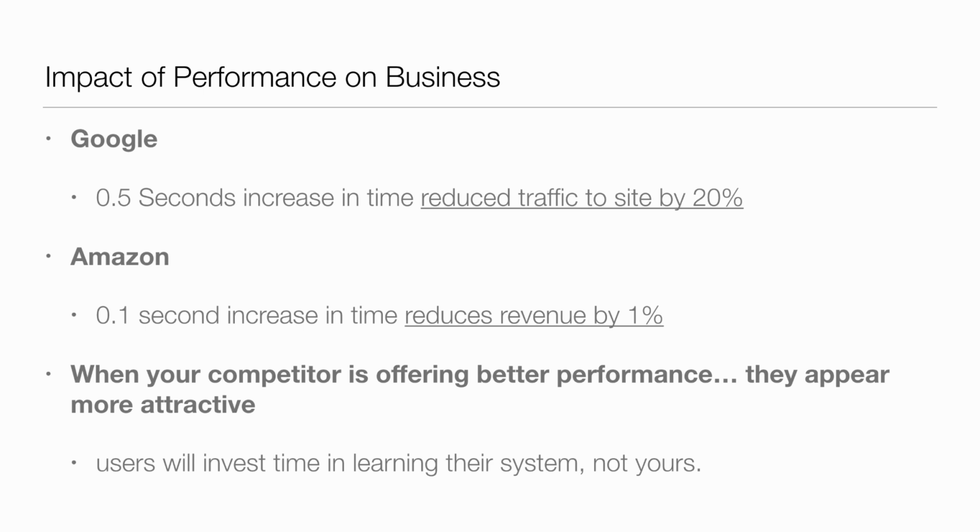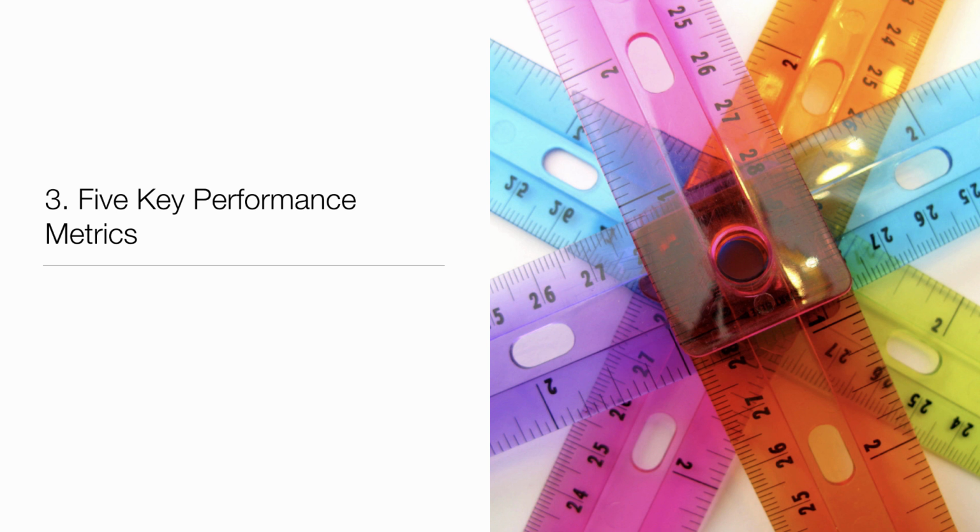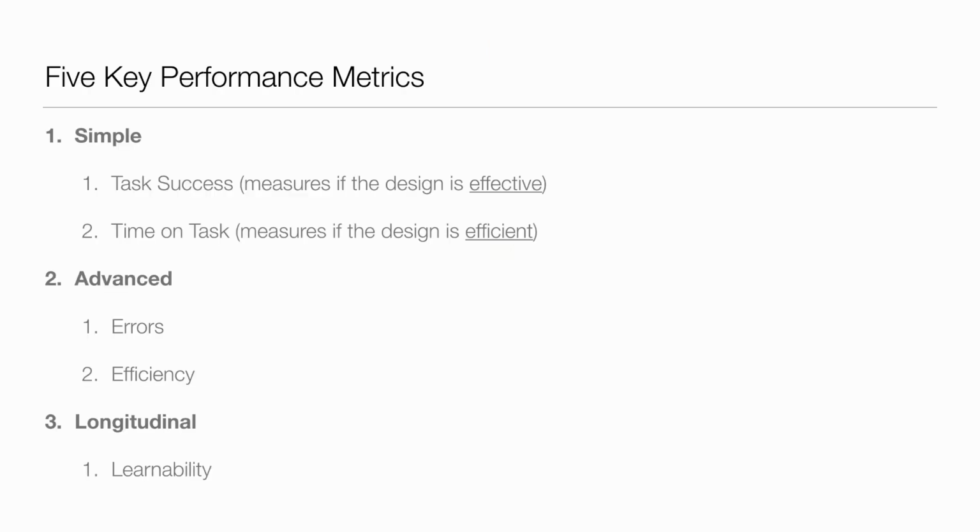And sometimes the time you spent making it work faster is longer than the original task would take, because we think in the future it will save us time. Now that's all about performance. We know it's important. Now let's dive right in. How can we measure performance in a metric that's useful? So we've got 5 of them here, and there are simple, advanced, and longitudinal.